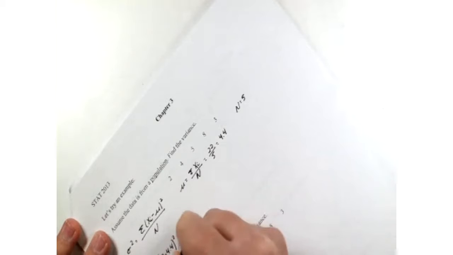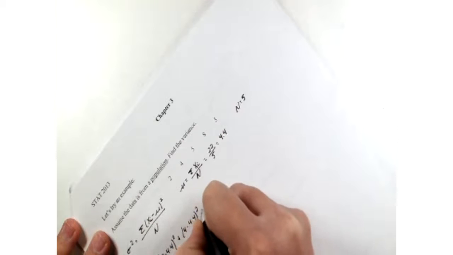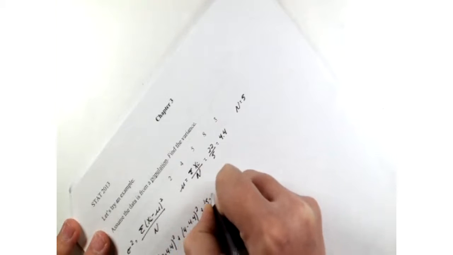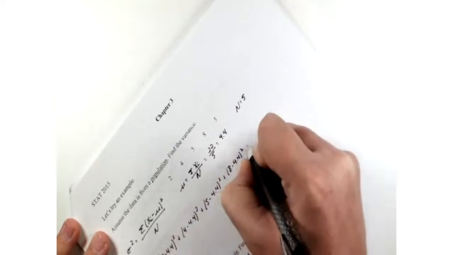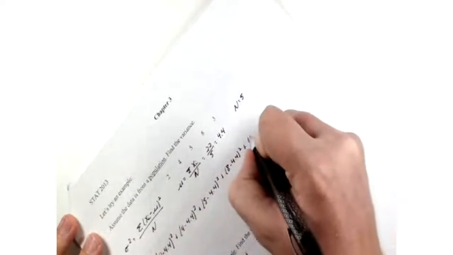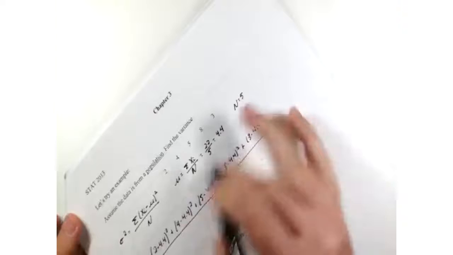So that would look like 2 minus 4.4, that quantity squared, plus 4 minus 4.4, that quantity squared, plus 5 minus 4.4, that quantity squared, plus 8 minus 4.4, that quantity squared, plus finally 3 minus 4.4, that quantity squared. All of that over what? Over n, which is 5.